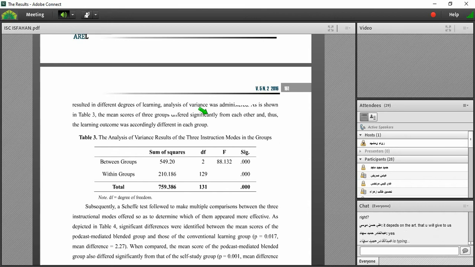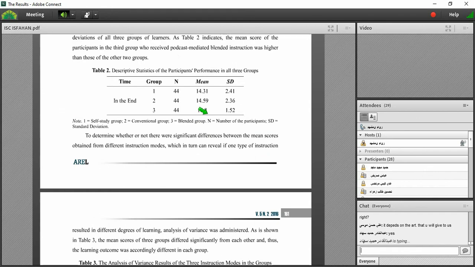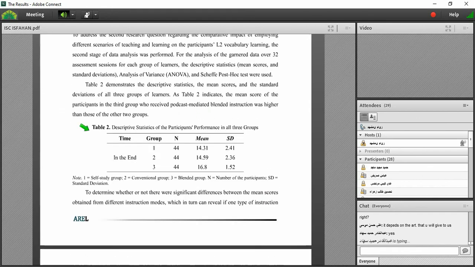Okay, it's very easy. Yes, Ali, it depends on the article. See? This is a table here again. Here you can see a text before the table. As table 2 indicates, the mean scores were higher. You should identify the text before or after the tables and tell me what kind of relationship was there.